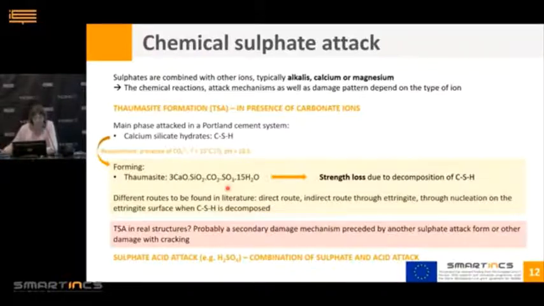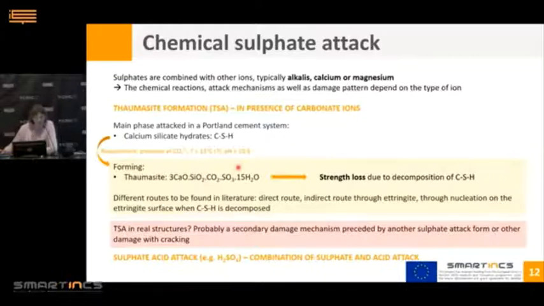So the degradation mechanism together with it is a strength loss due to the decomposition of the calcium silicate hydrates in your system. In general, it's said that the temperature should be lower than 15 degrees in order to have this, but literature is a bit debating on that. So I put it with a question mark over here, and it only happens in case of pH larger than 10.5.